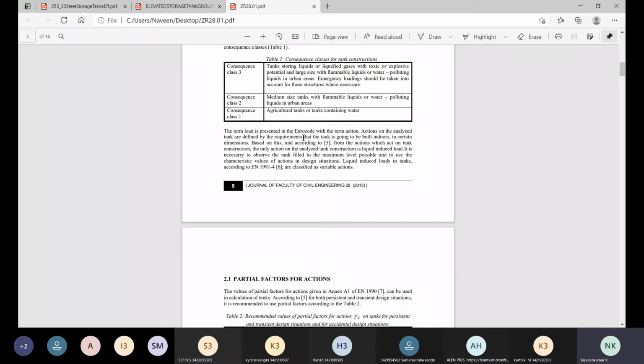If it carries flammable or toxic potential liquids, even in reinforced concrete structures there is a chance, since a porous medium will be there, so the liquid can penetrate into the pores of that particular material.